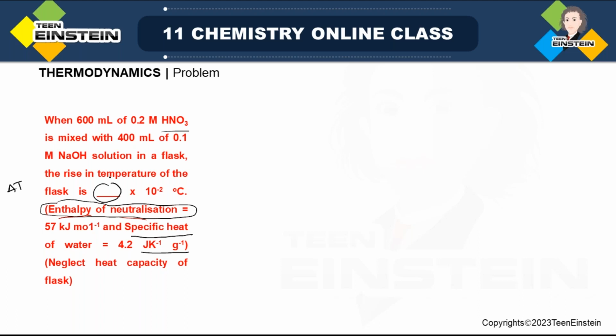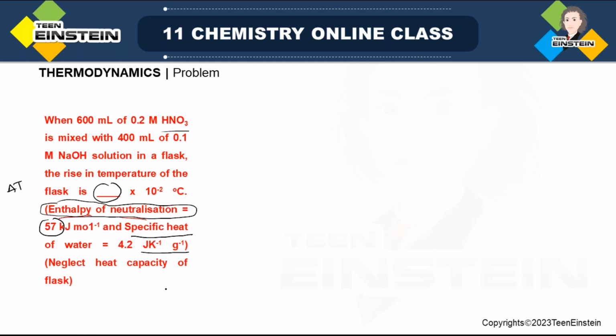Some more information is also there. Enthalpy of neutralization, this value is 57 kilojoule per mole. This is true for any strong acid and strong base. In terms of kilocalorie, try to remember the value I have mentioned. It is 13.7. In terms of kilojoule, it is 57, and this is true for any strong acid and base.